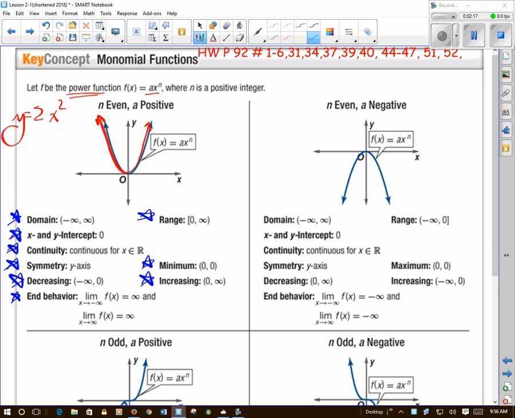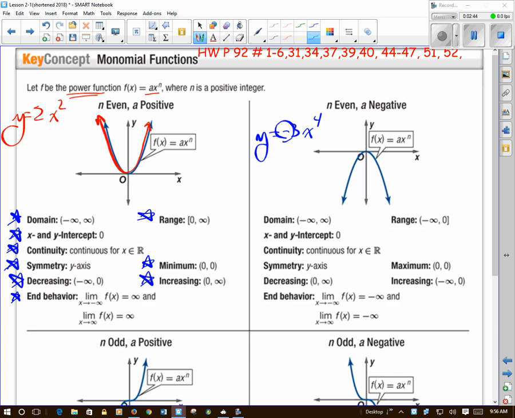If we change that just a little bit, and now we make the a negative value. So maybe we have y equals negative 3x to the 4th power. Something along that line. Again, the basic shape is going to be the same. Because of the negative, we know that's going to flip over the x-axis from what we had in the previous example.